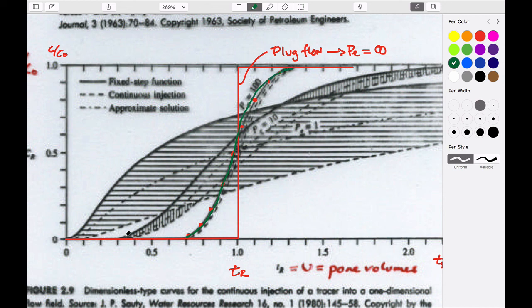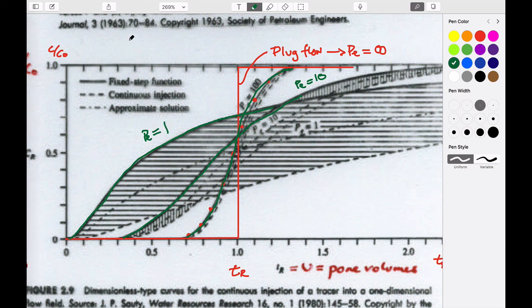This curve, which is not so obvious, represents a Peclet number of 10. And this curve, this little piggy, represents a Peclet number equal to 1.